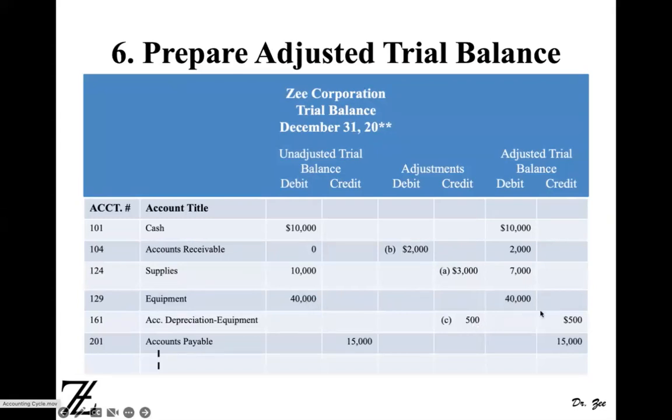So 40,000 minus 500, and the adjusted trial balance would show the equipment is worth 39,500. And then accounts payable: here there is no activity in accounts payable and no adjustment. So whatever you adjust, you put it on this side, the unadjusted trial balance is here, and then you balance it out, and this will show you the adjusted trial balance.